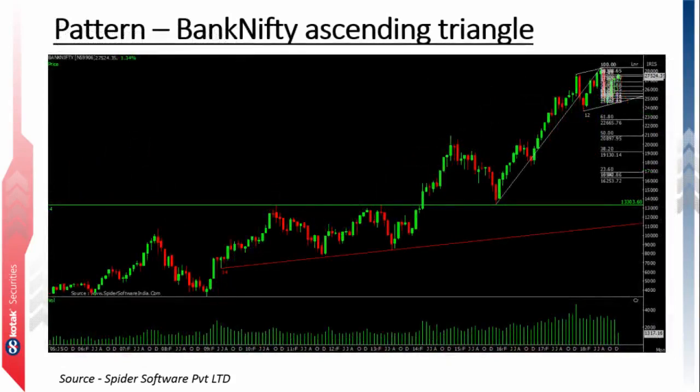Bank Nifty, classic ascending triangle at the bottom. On the breach of this particular horizontal trend line, we saw a good amount of price breakout and price appreciation. Later on, we saw some pullback, but that pullback got arrested at a horizontal support area. Later on, again, we saw a sharp uptick. Currently, it is following a rising flag formation, which is again positive for it.